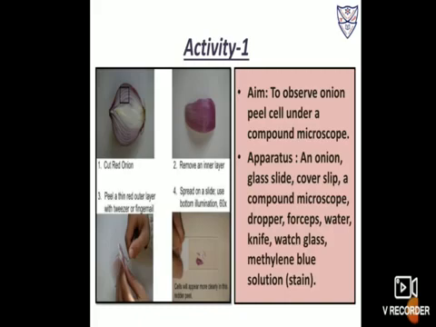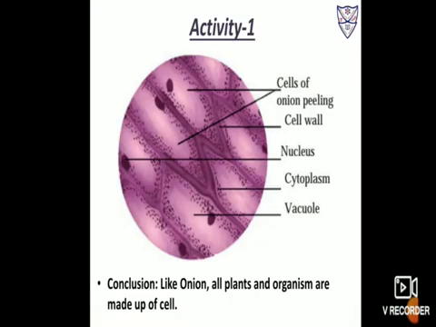Now what you are going to observe? While observing the slide under a microscope, you observe that a number of cells lie side by side. The cells are rectangular in shape. Each cell has a distinct wall. This is called the cell wall.